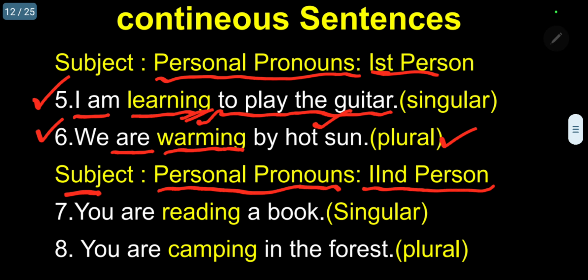Please follow. Second person, I am using singular, you. You are reading a book. Read, D. Kindly see there are two vowels, that's why adding ing. Without a consonant, two vowels, so I am adding ing. You are reading a book.